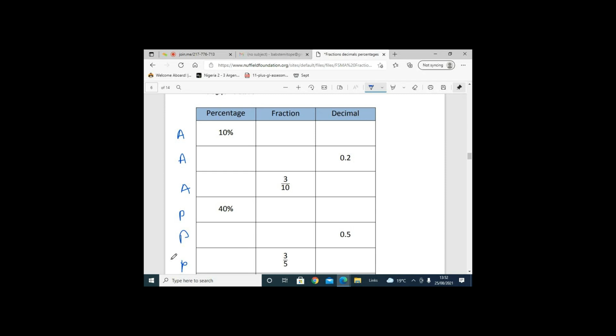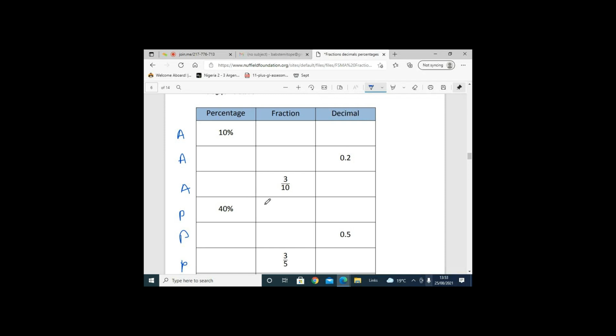The first one is 40%. Yes, so fraction? 40%, I divided it, 40 over 100 is the fraction. What's the simplest fraction? You have to simplify it.